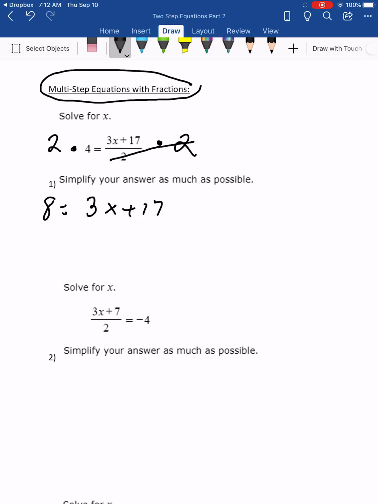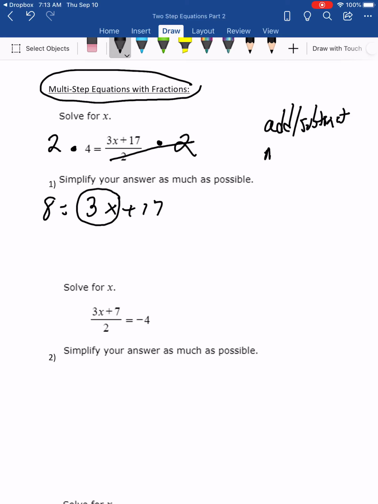Okay, now we want to get the x isolated. So remember, we're going to have to get rid of this 3, but addition or subtraction comes first, all right?